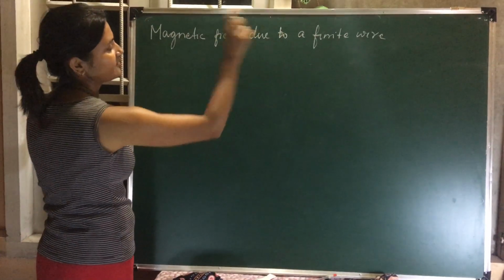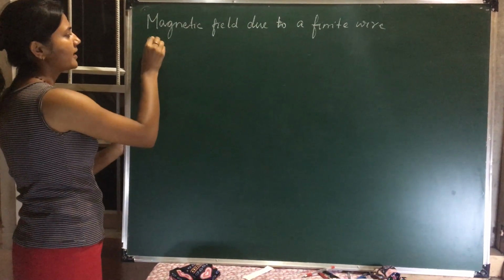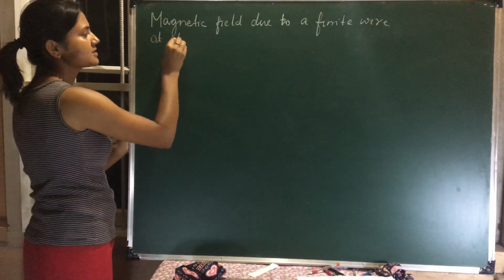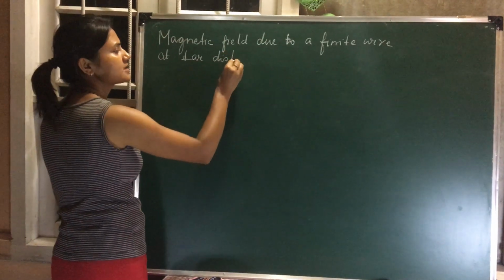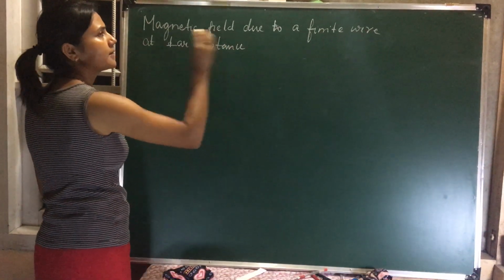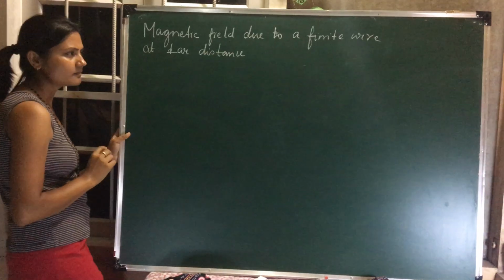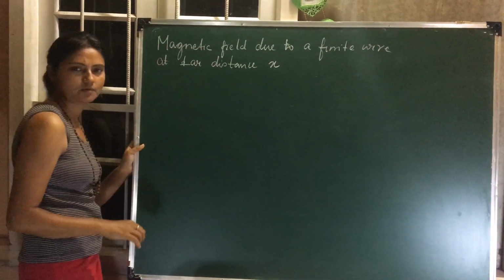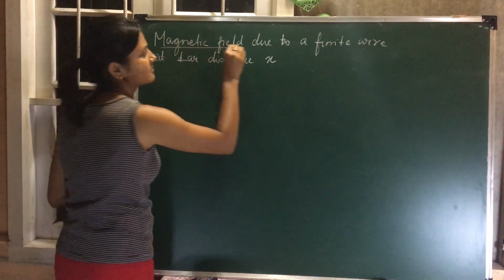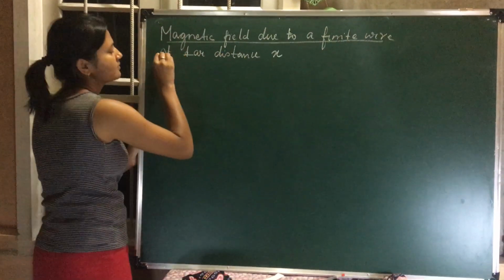Magnetic field due to a finite wire at say perpendicular distance. What distance shall I use? Perpendicular distance x. Okay, this is the heading. You can write it along with me.